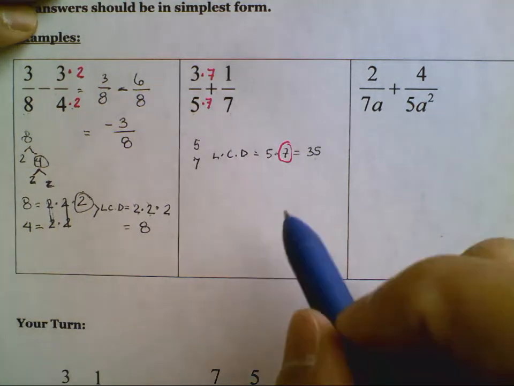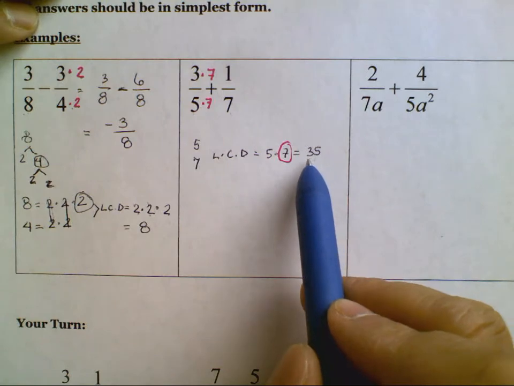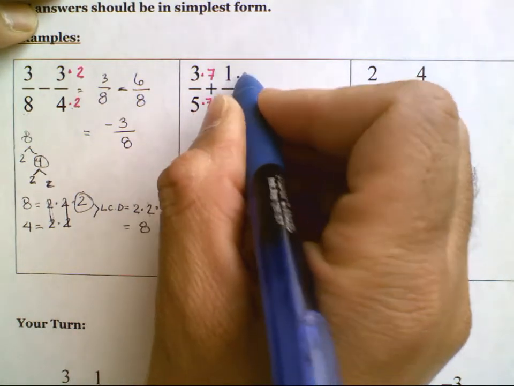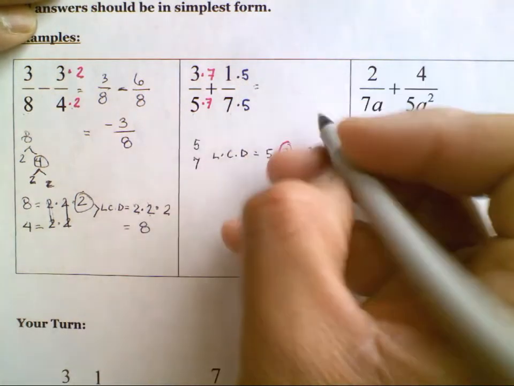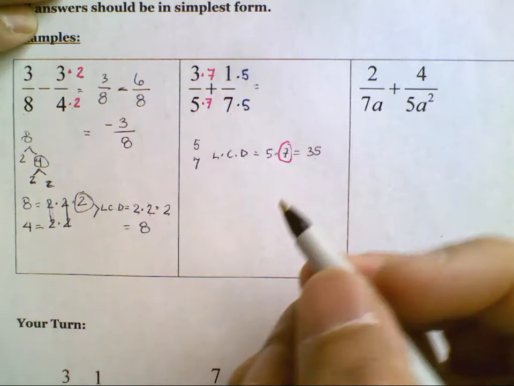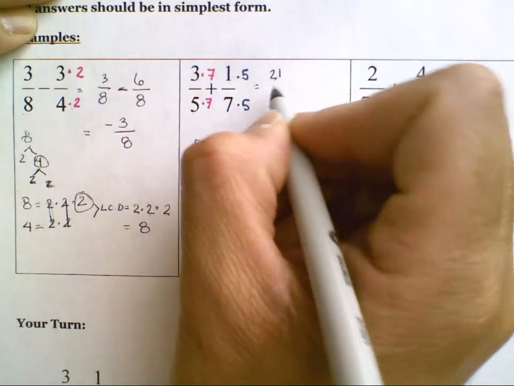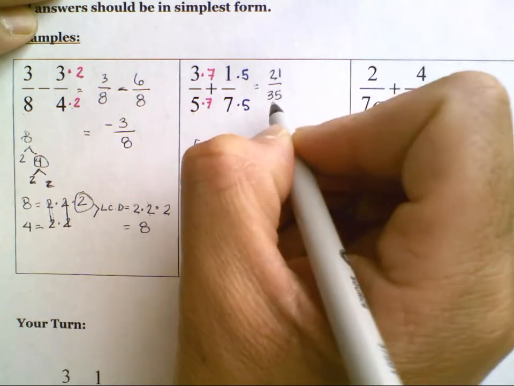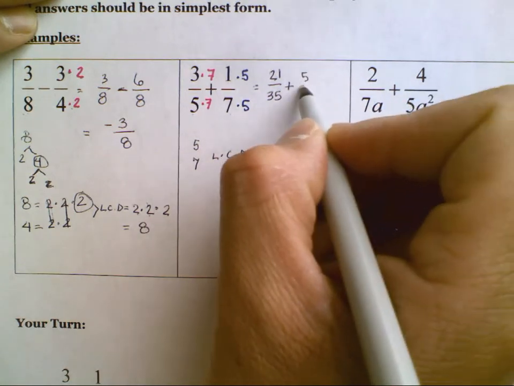Which number do you need to multiply 7 by to become 35? In this case it's 5, so 7 times 5. So this expression is equal to 3 times 7, which is 21 over 35, plus 5 over 35.